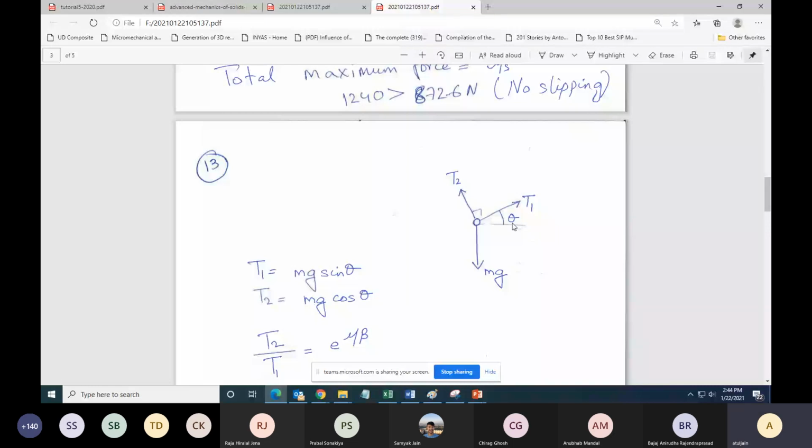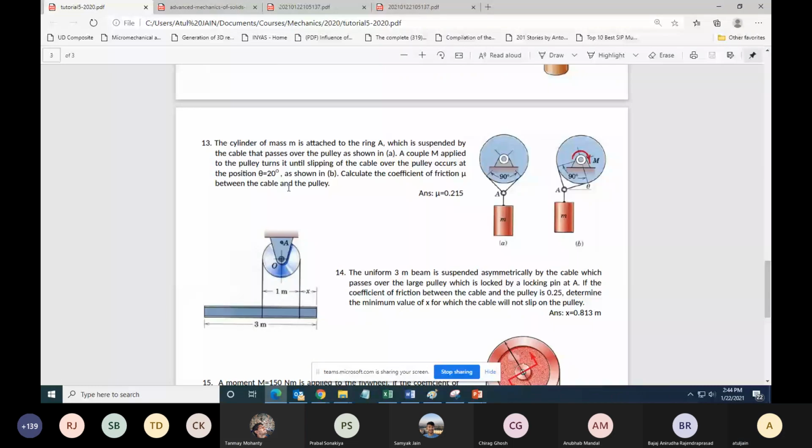Sir, the T1 string shouldn't have been slack. T1 string, yeah, it can slack. Sir, then how can we consider the formula to be valid? No, perhaps it is not slacking. It is still non-zero. It is some positive tension.